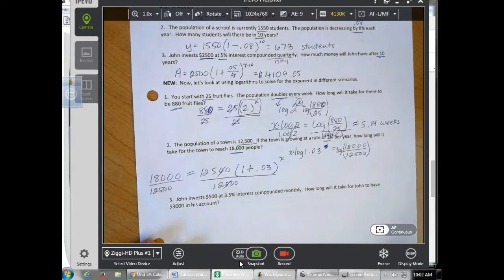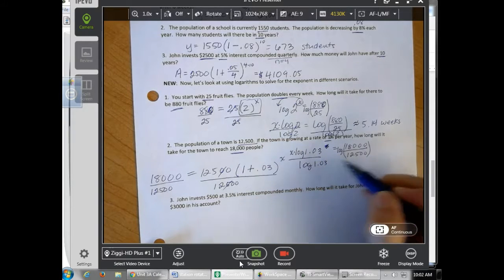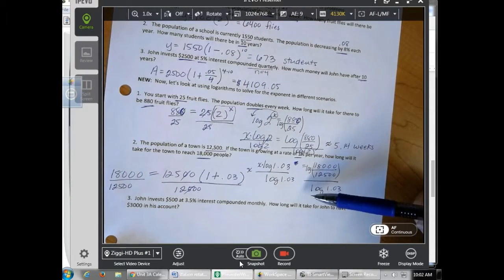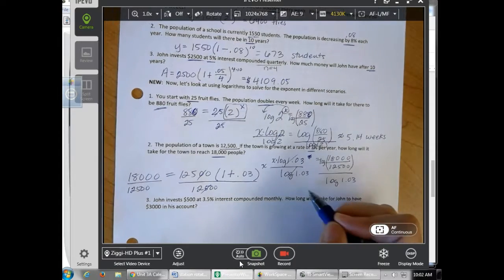So this x is now gone. Now to solve, I'm just going to divide by log of 1.03. Now, you don't want to combine these logs in any way. You want to get the log of the numerator and then get the log here in the denominator. So these will cancel.